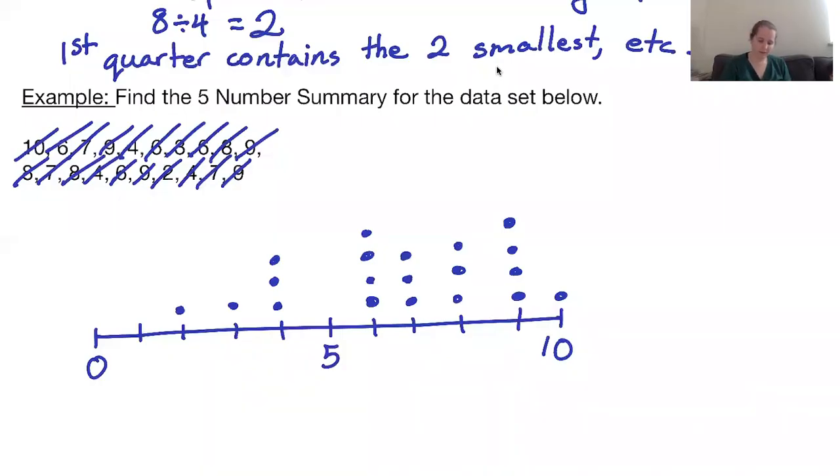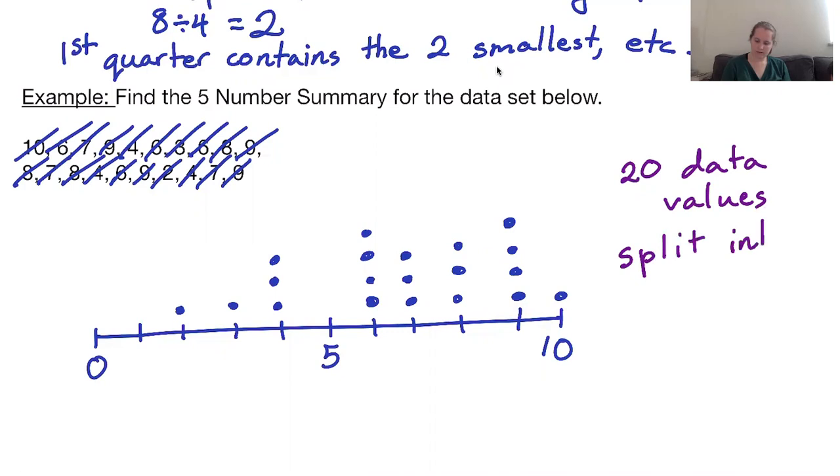Now, if we have 20 data values, that means that if we split that 20 into 4 groups, so we get quarters, we would have 20 divided by 4, or 5 in each group.